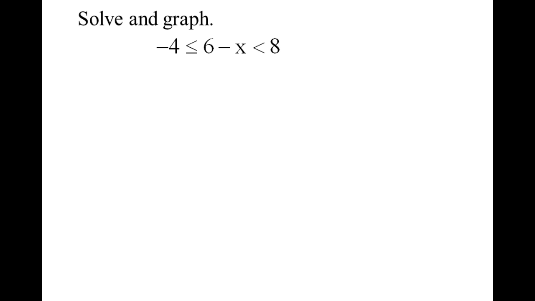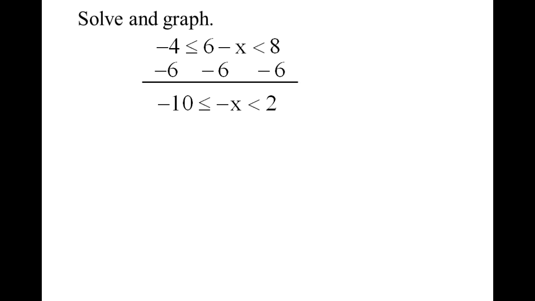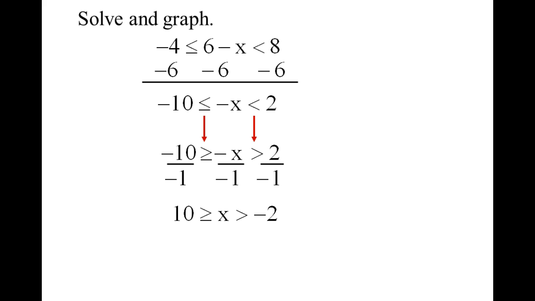I'll just show you this one, and then we'll get started. If you subtract 6 on both sides, we'll get this. But watch this. When you divide by a negative, all the signs end up switching. So you can see this is not in the correct format. What is wrong about this? There's two things wrong.